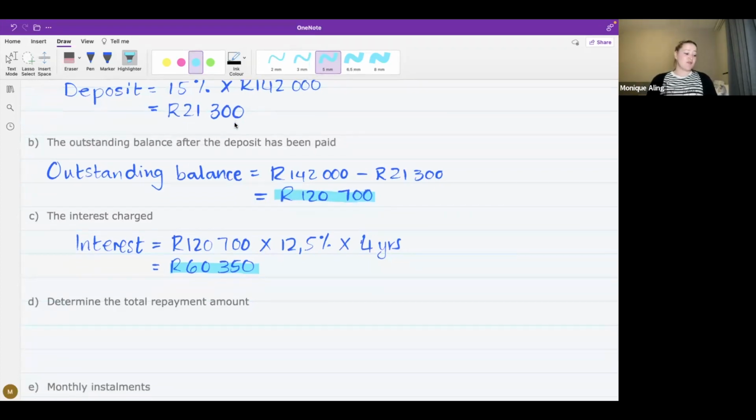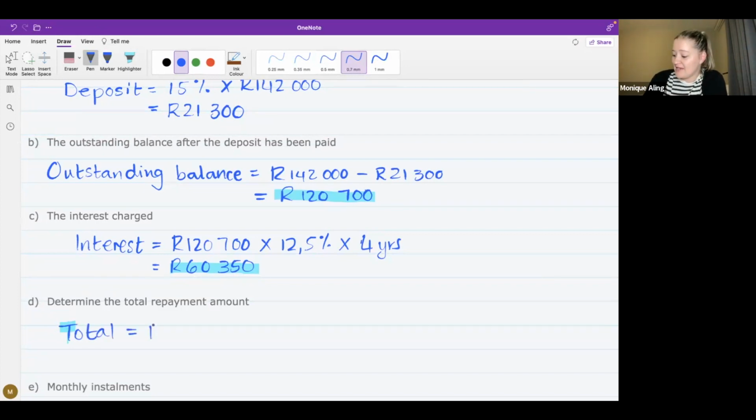Okay, so the total repayment amount, how much needs to be paid in these 4 years? It's going to be the amount outstanding after paying the deposit plus the interest charged over those 4 years.